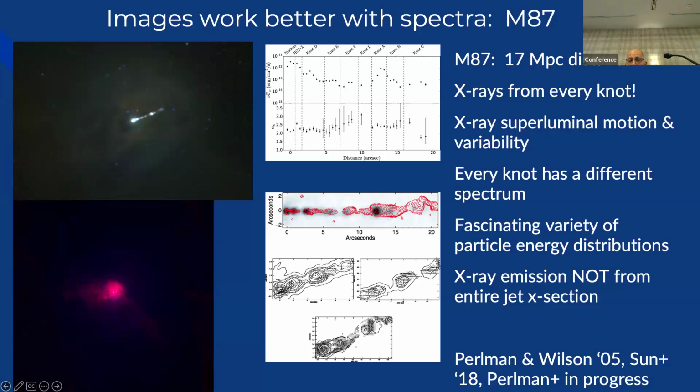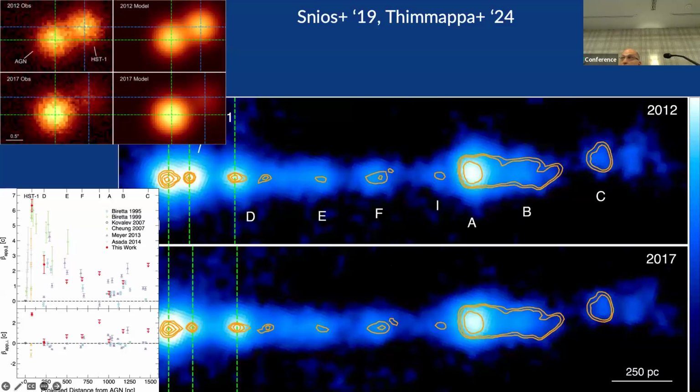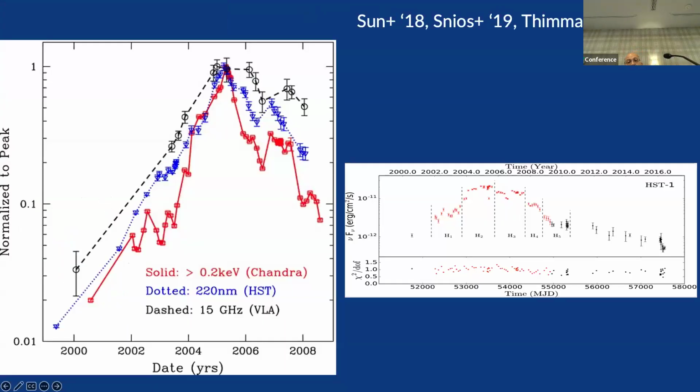Just to remind you, here's your superluminal motion in the X-rays. It's only been seen in 2 regions, but it tracks with what's seen with HST. So that's really nice. And of course, here is the variability of HST-1.